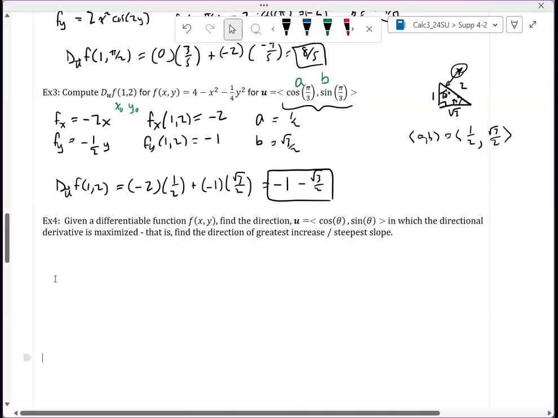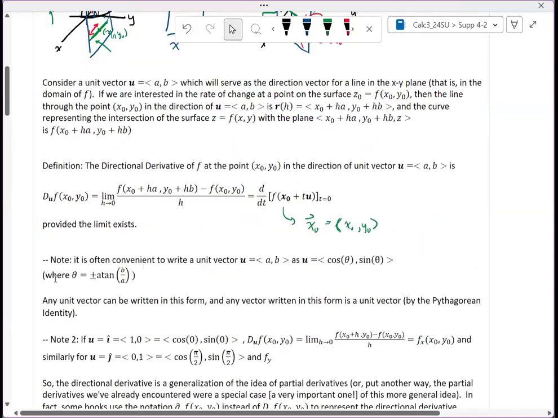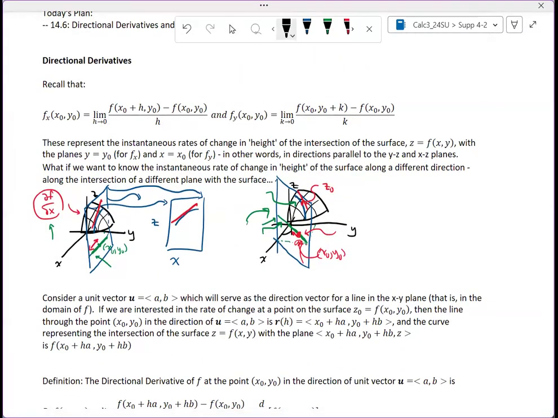Okay, and then example 4 here. Suppose we have a differentiable function f of x, y. Now we know that, looking back up above, we picked a direction here. We could describe that direction by theta or by a vector.